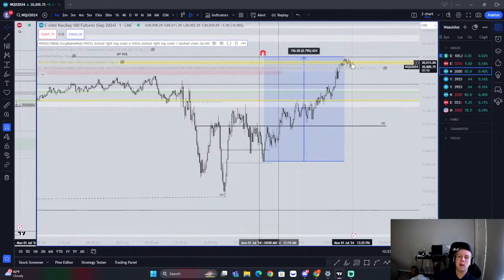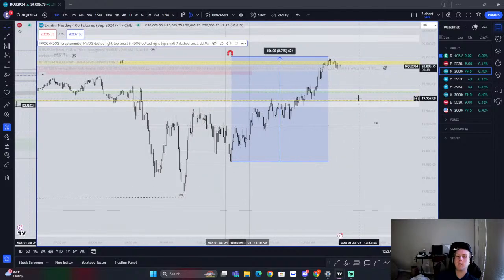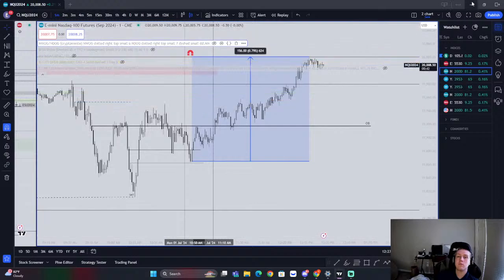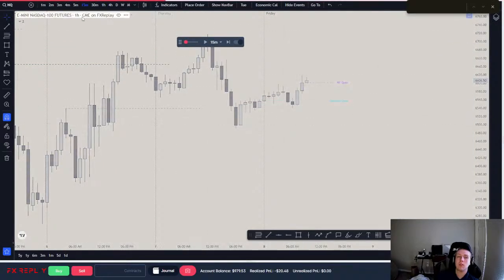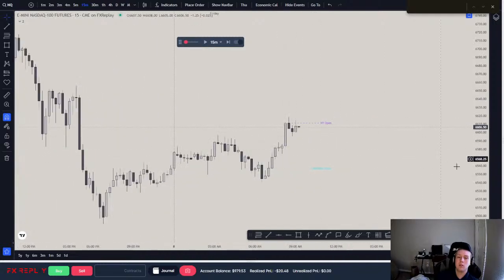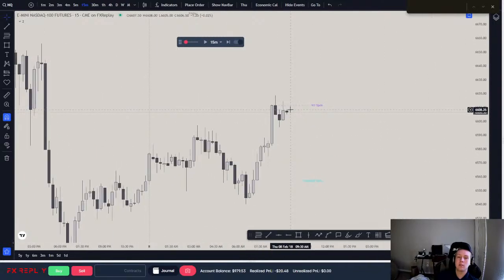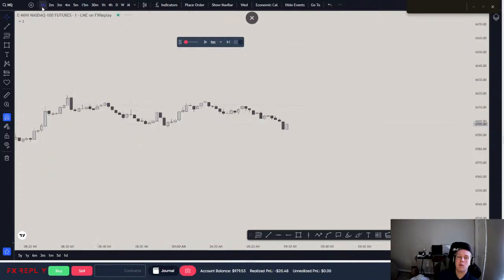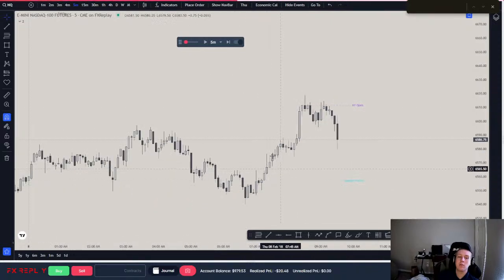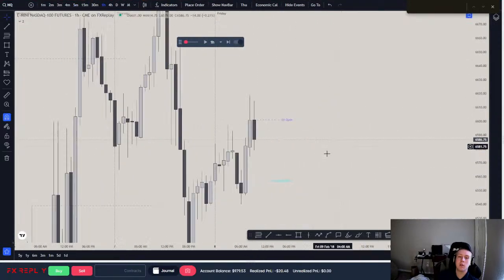Notice where we're at right now. That's what I'm saying, this is a new day opening gap. All right. Let's see what this puppy does. I think we're gonna try to go to that order block.